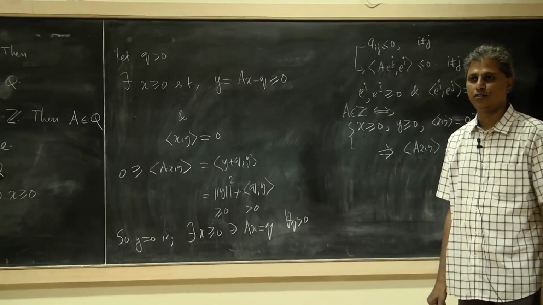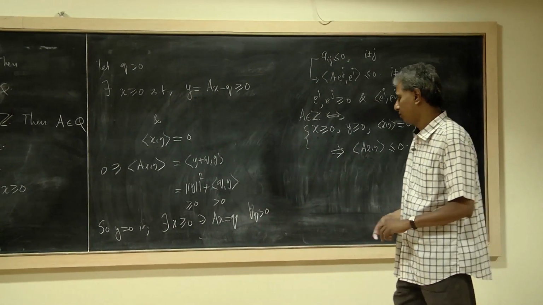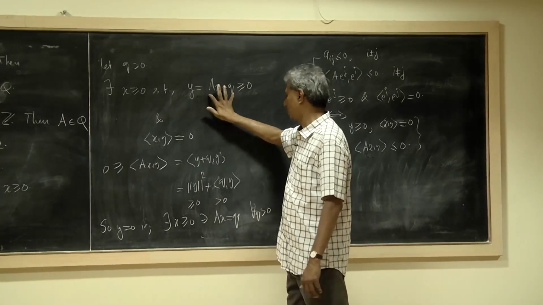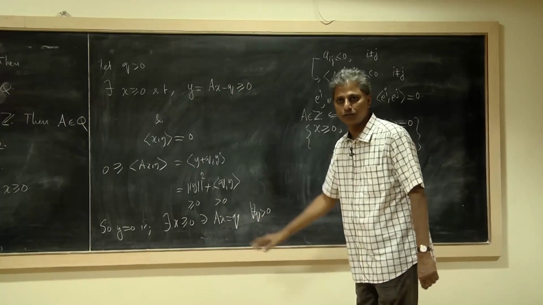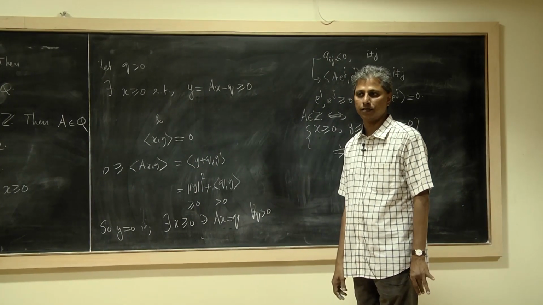Is it okay? For every q positive, there exists x non-negative. We have shown that this y must be 0, so Ax equal to q is satisfied. From this, invertibility of A follows. How?